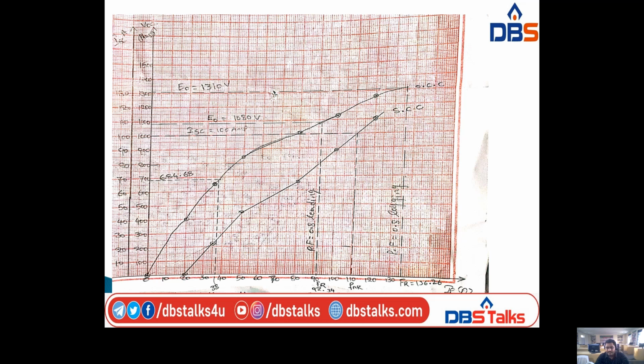So draw the vertical line. It touches one point on the OCC curve, and from that point we draw the horizontal line onto the VOC line. It touches at 1080 volts. So please take that 1080 volts as the no load EMF at 0.8 power factor leading.